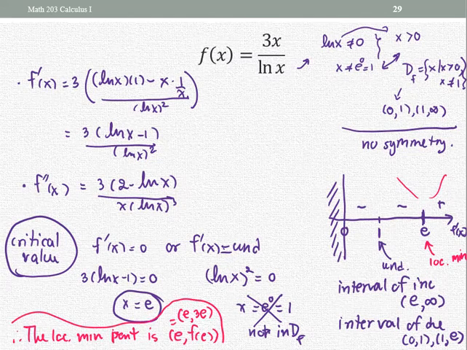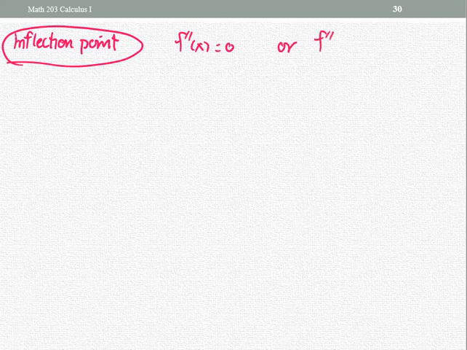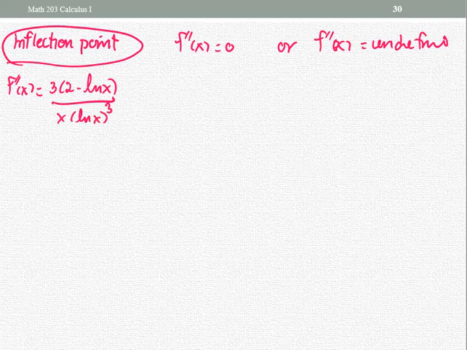And next, we're going to use the second derivative to find the intervals of concave up and concave down, including the inflection point. So f double prime equals 0, or the case where f double prime is undefined. We have f double prime in the form of 3 times 2 minus natural log of x divided by x times the quantity log x to the power third.